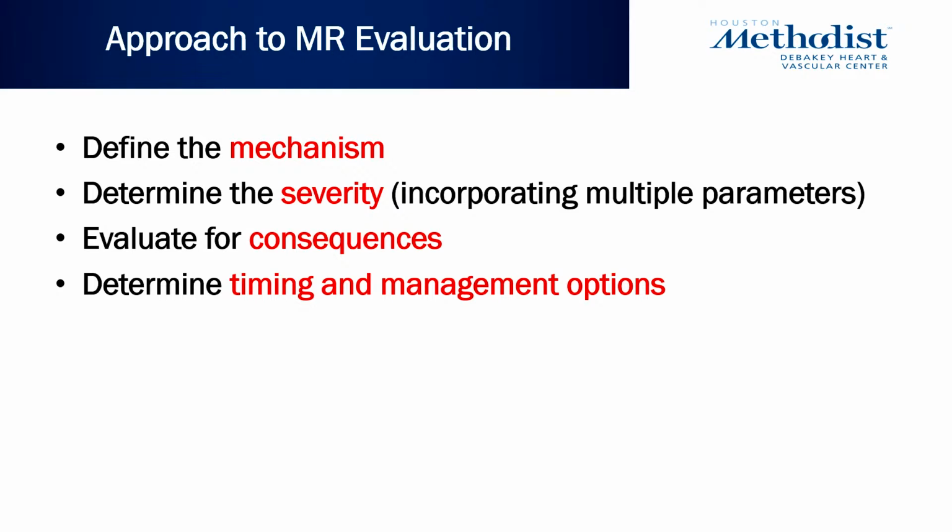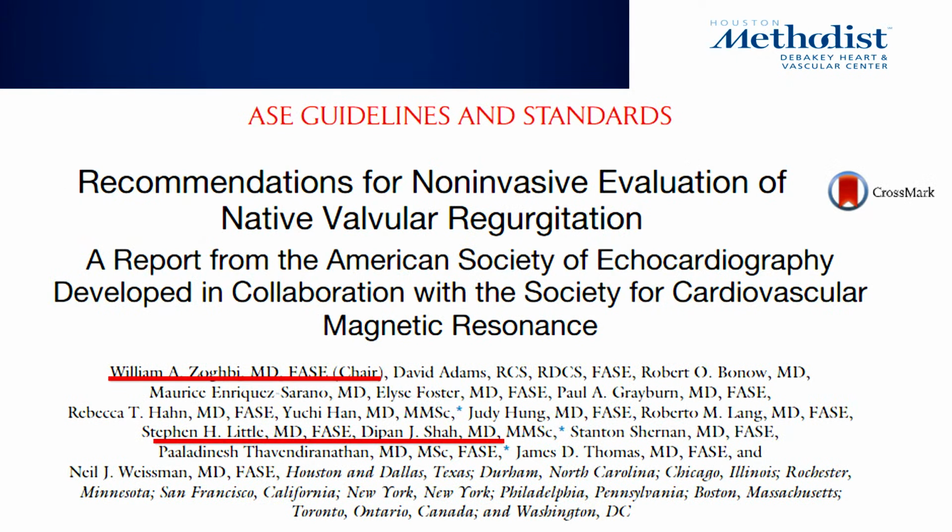The approach to MR evaluation starts with defining the mechanism, determining the severity, incorporating multiple parameters, evaluating for the consequences of these lesions, and finally timing of the management based on your imaging findings. We're going to refer to the ASE guidelines for the non-invasive evaluation of native valvular regurgitation.